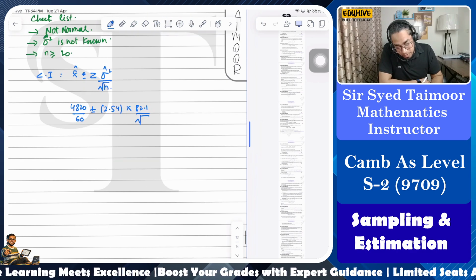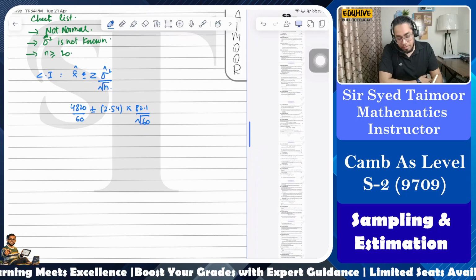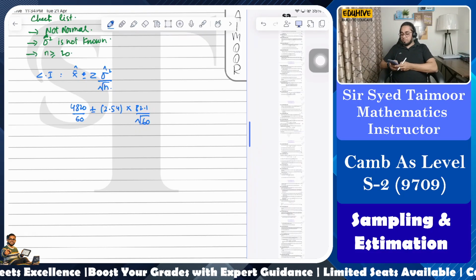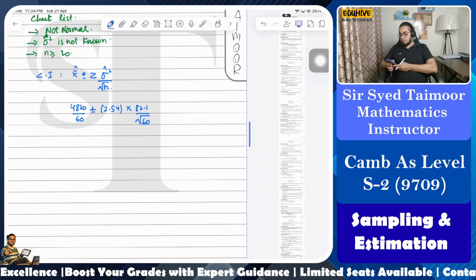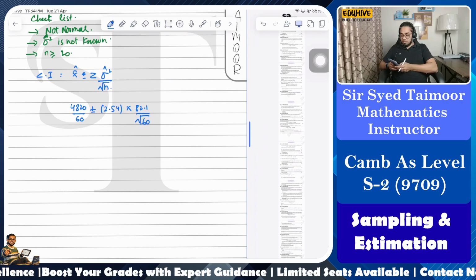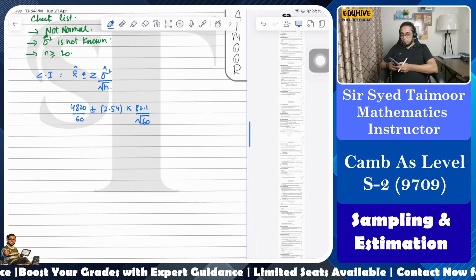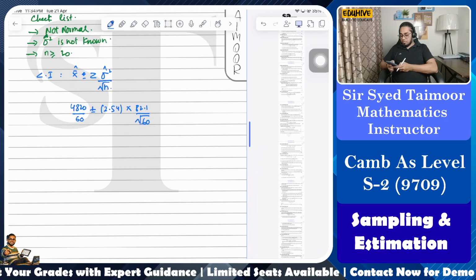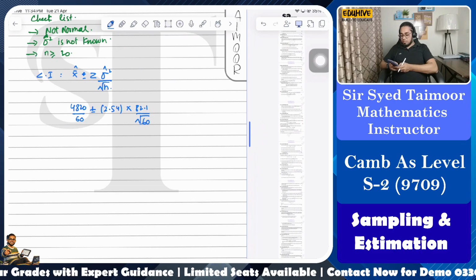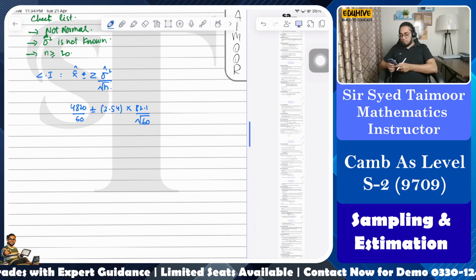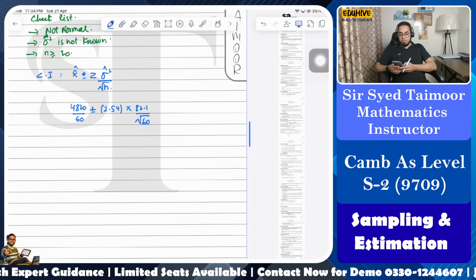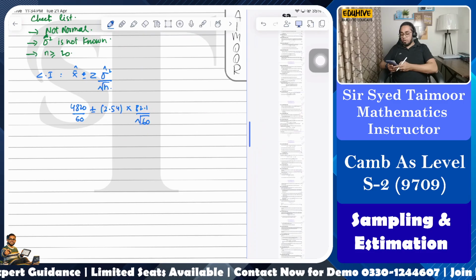Under root of n is 60. Hmm. Really? 107.25.